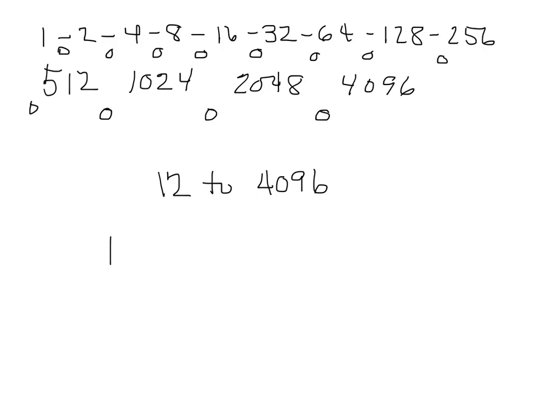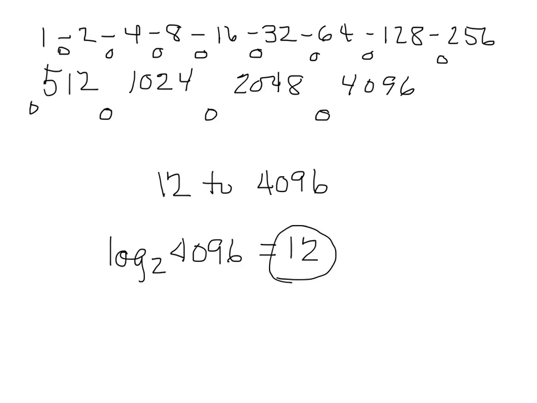So my prediction is that the log base 2 of 4096 is equal to 12. Go ahead and do that calculation on your log base 2 calculator. I'll wait. All right, and if you checked, what you find is that indeed it's 12. So do you see that this is really just a way of keeping track of how often these numbers double?